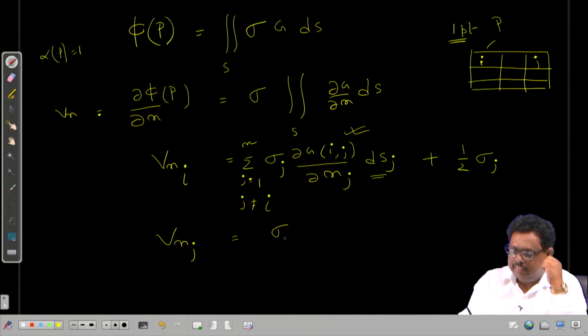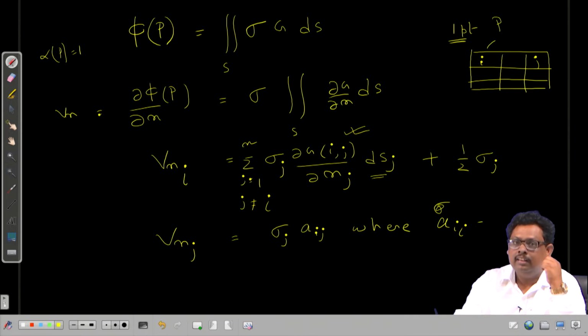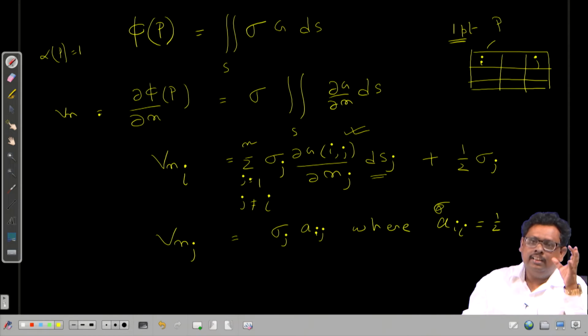So, it is very easily sigma j, and then we call it I j, where I can write that when i equals j, it should be equal to half. So, this is how we can do this very easily. This is how we are going to do it for our one point Gauss quadrature rule.